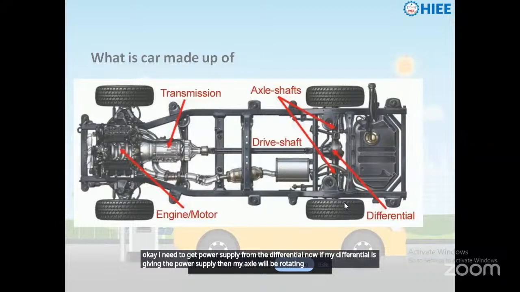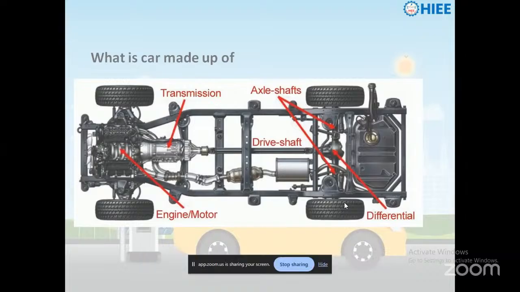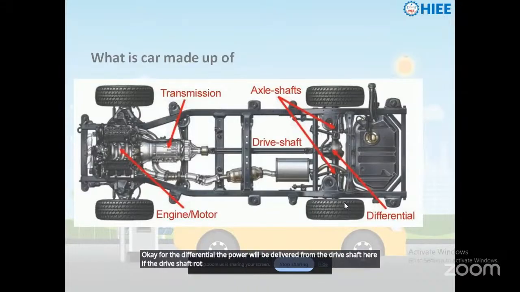For the differential, the power will be delivered from the drive shaft. If the drive shaft rotates properly, then the differential will get the power based on the speed and so on. There are mechanical calculations, but that is a different story. Now my drive shaft is one long iron rod which needs to be rotated.